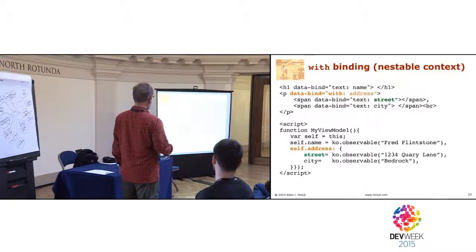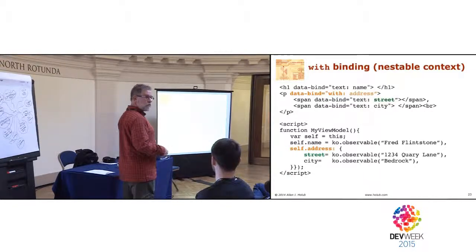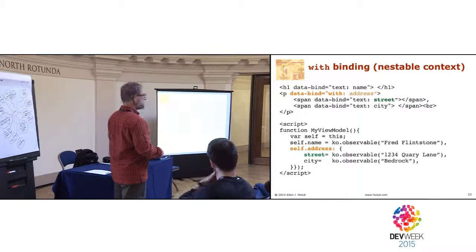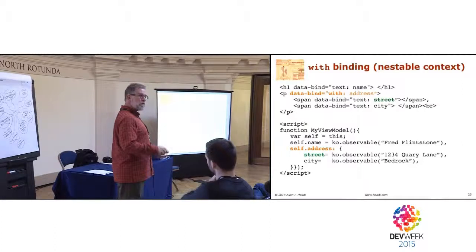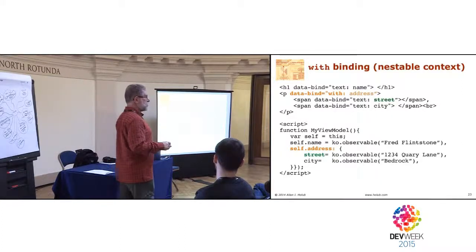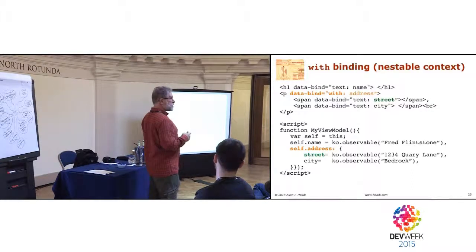But without this with, I'd have to be saying things like self.address.street to get down to it. So this is just providing you with a convenient way to simplify the code a bit. To say, for everything inside this bound element, assume it's inside the address object. Right, this works a lot like the with statement that's in JavaScript.